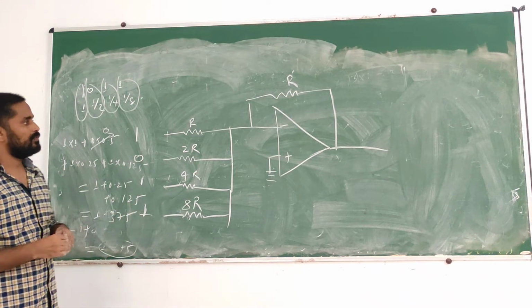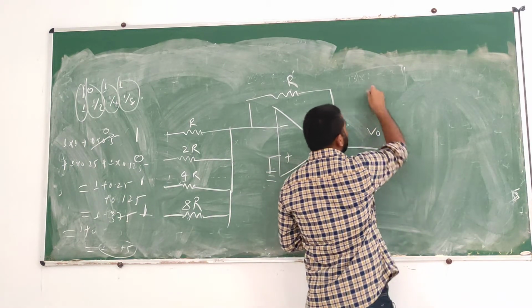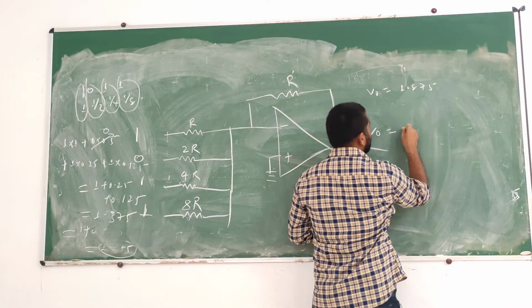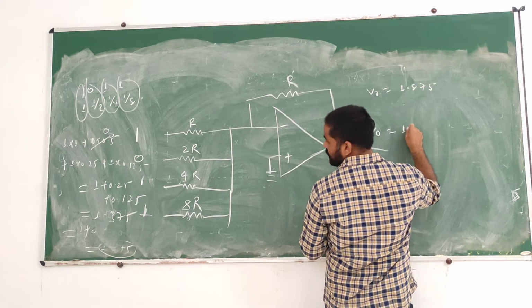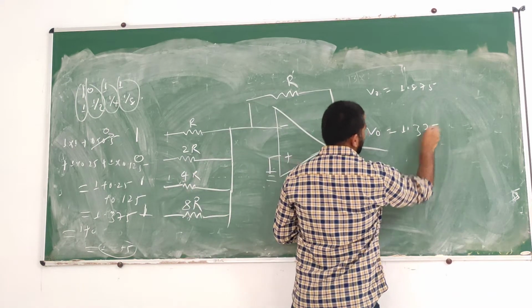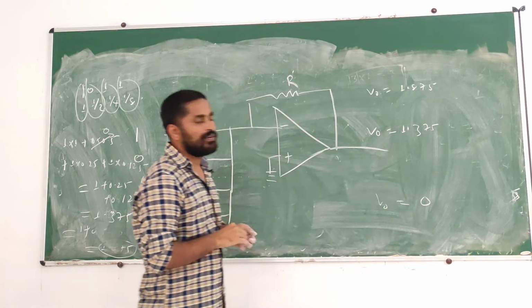So this is the output voltage you are going to get. Now you will get different combinations of output voltage. Here 1.875, here 1.375. For different combinations you will be getting your output.